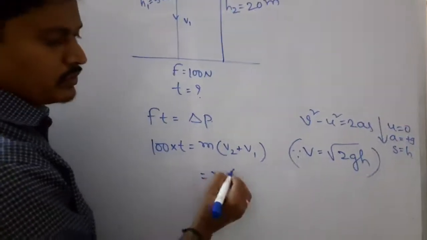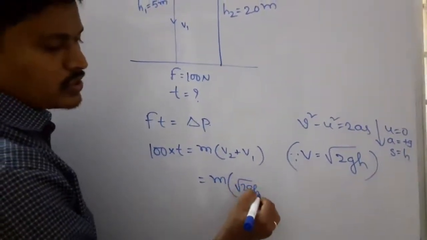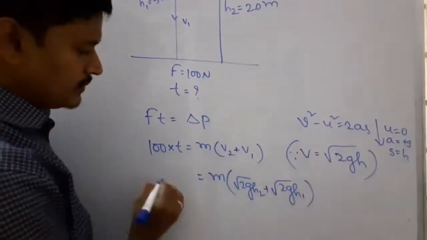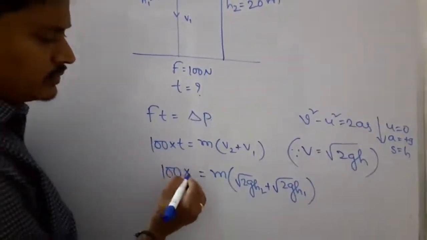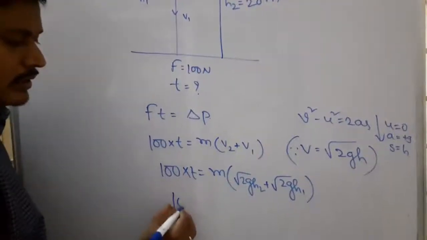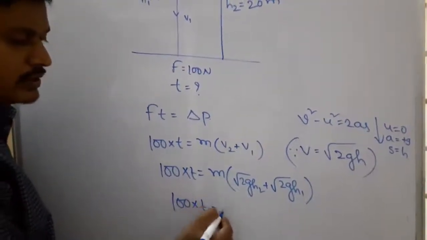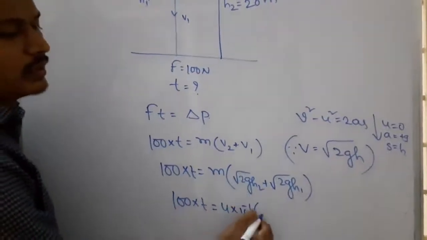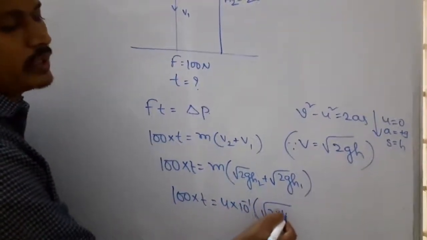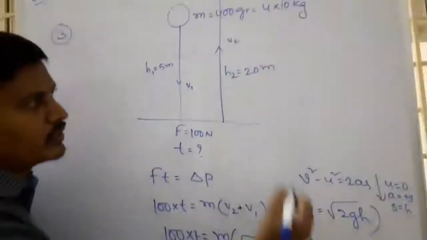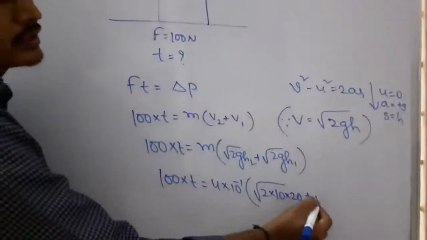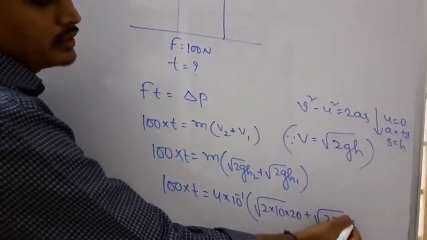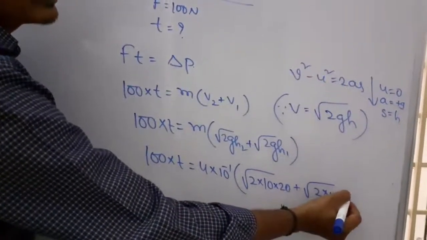Therefore m into root over 2g h2 plus root over 2g h1. 100 into t is equal to mass, 4 into 10 power minus 1, root over 2 into g value 10, rebounding height is 20, plus root over 2 into 10 into falling height, which is 5.